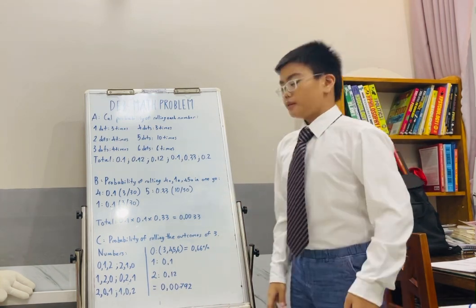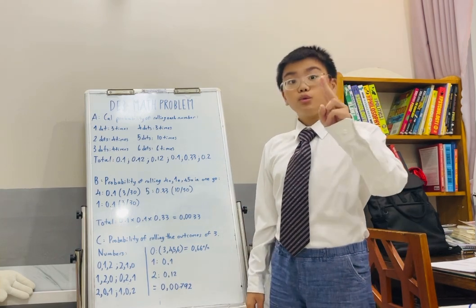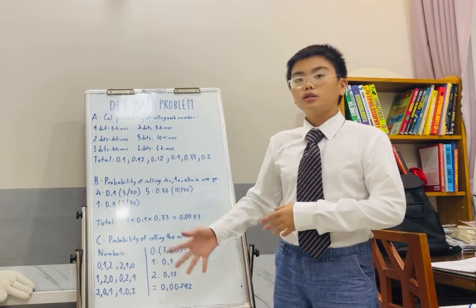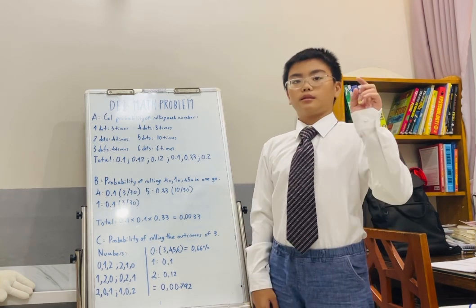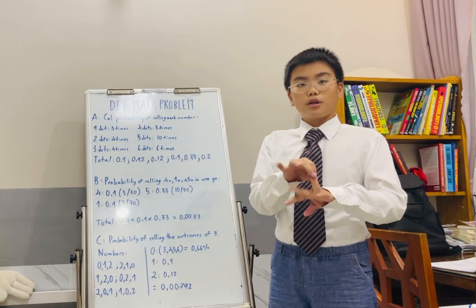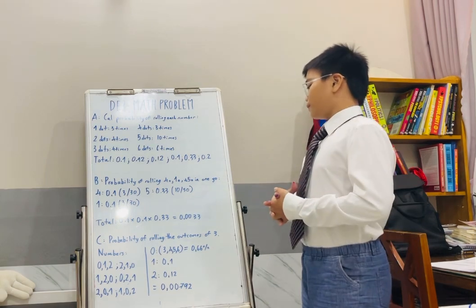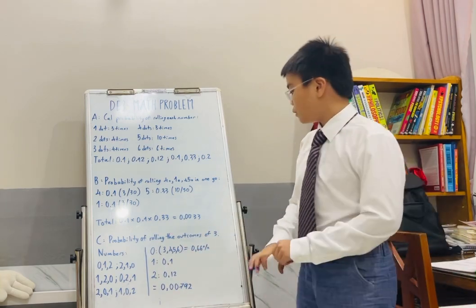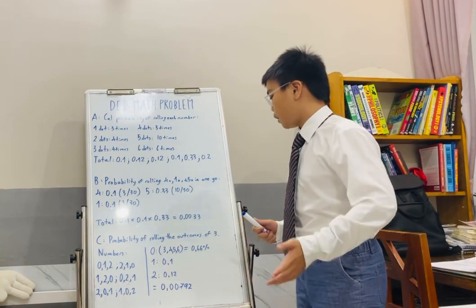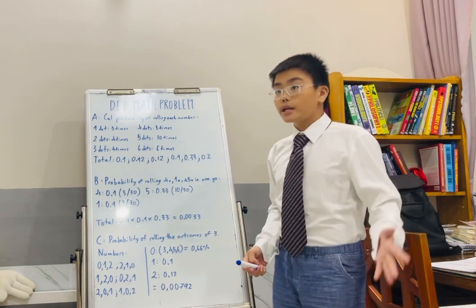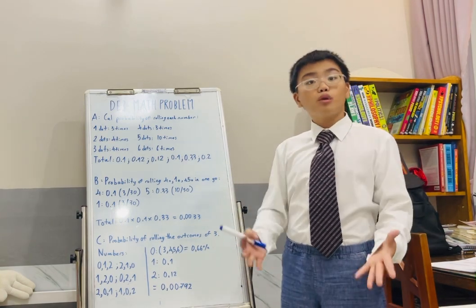Now, there are 2 dots left and the combination of 4 numbers, which gives us the possible 3 numbers of 0, 1, and 2. What problem C wants us to do is calculate the probability of rolling the outcomes of 3, which means that the 3 numbers must add up to 3.